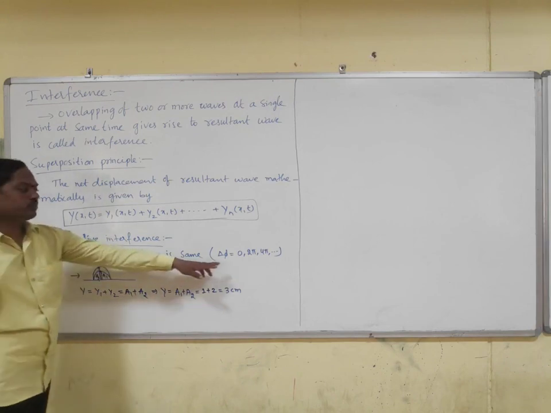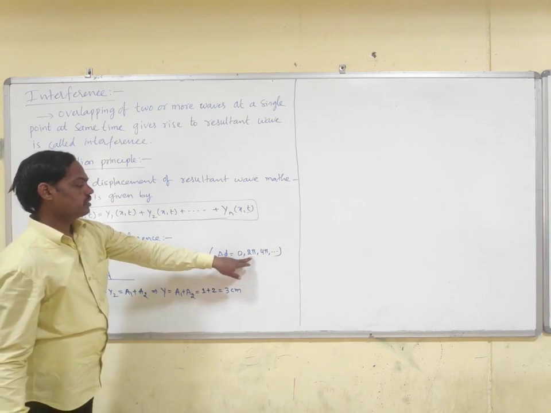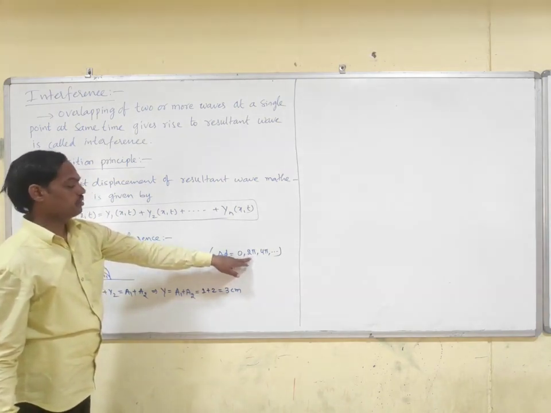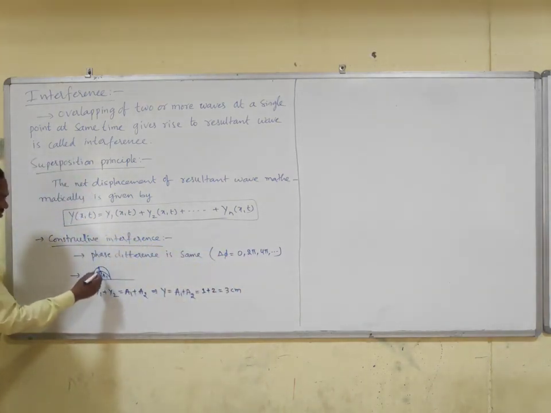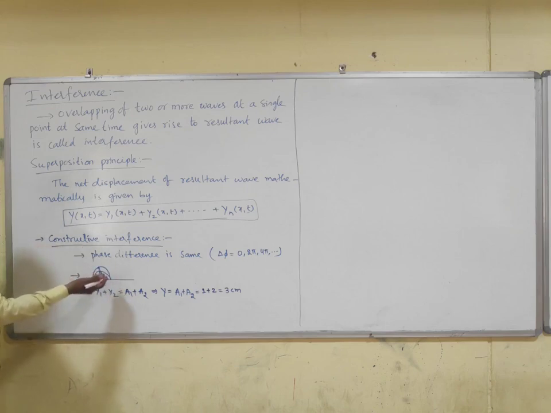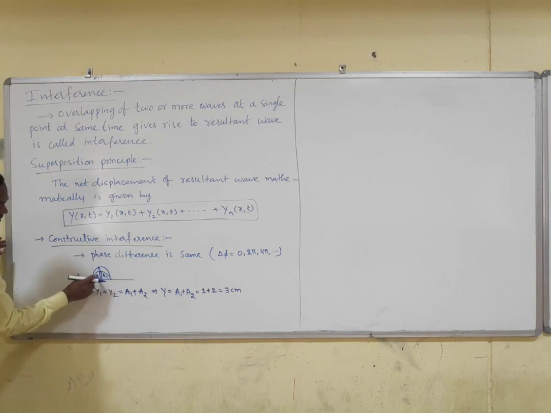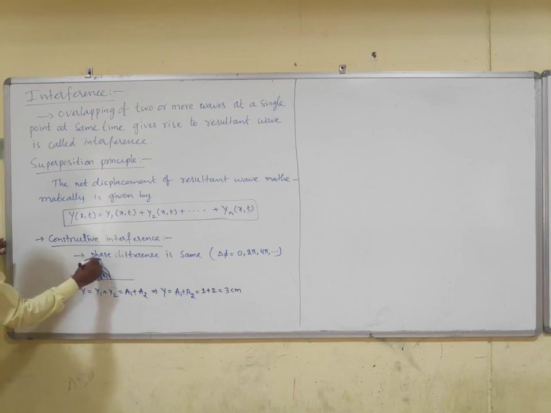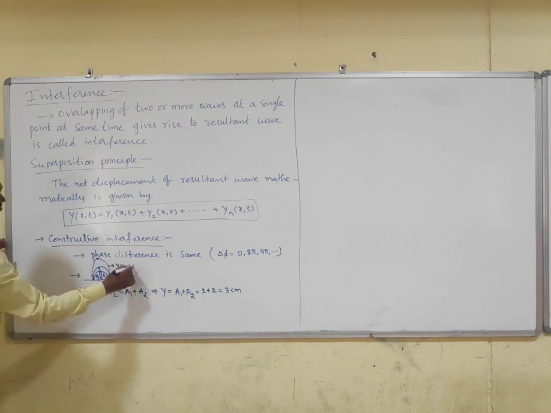In this case, phase difference will be 0, even integral multiples of pi. Then the resultant wave will be like what? 1 plus 2 is equal to 3, so this will be the resultant wave. This is y of x comma t.